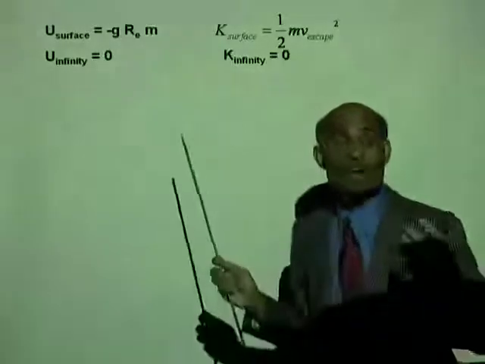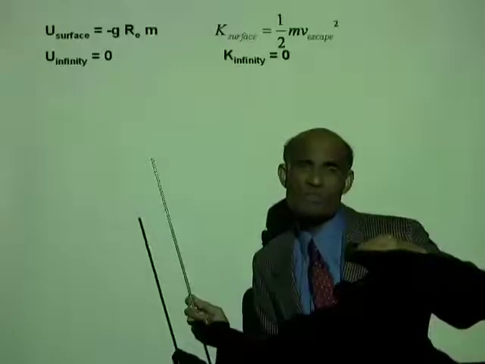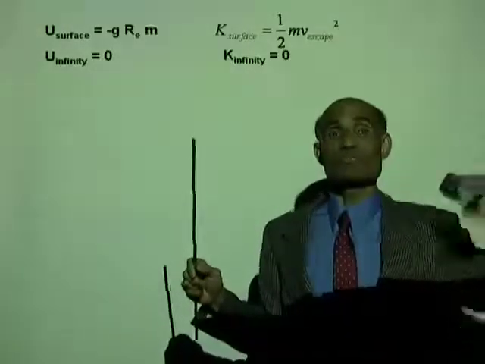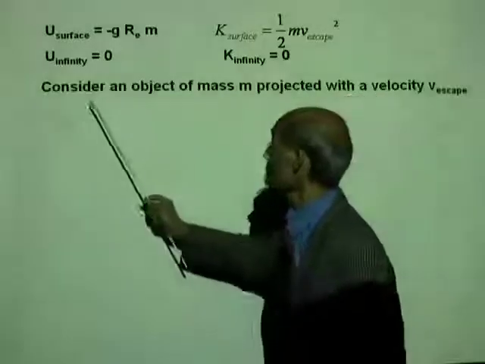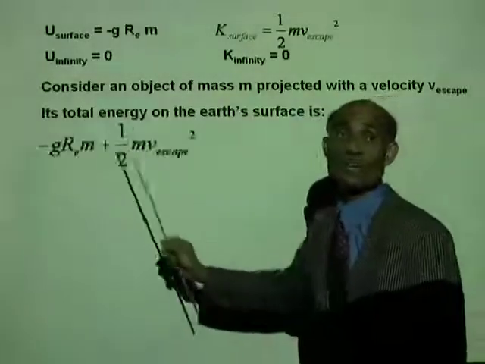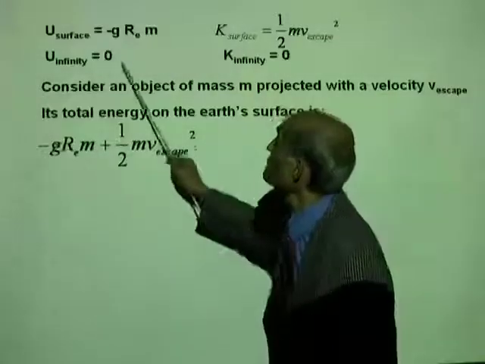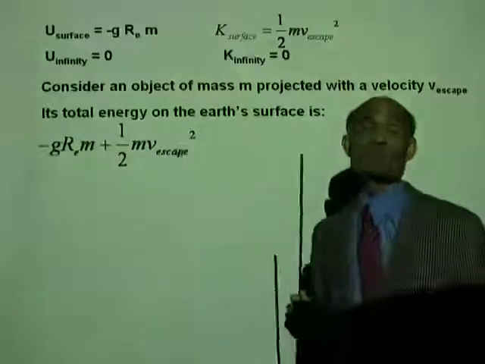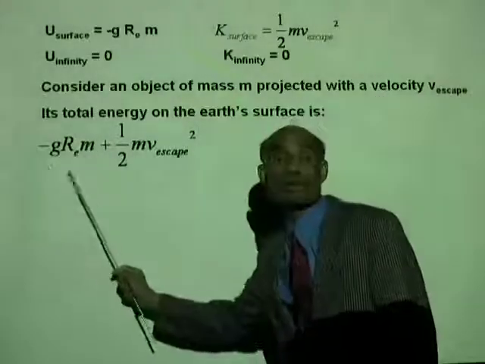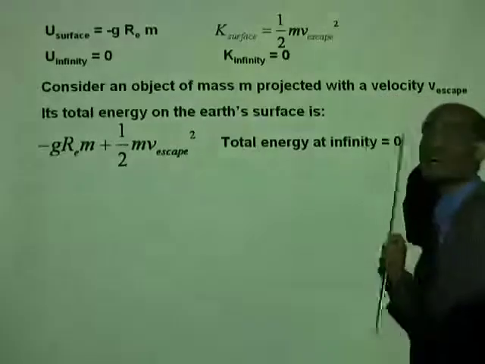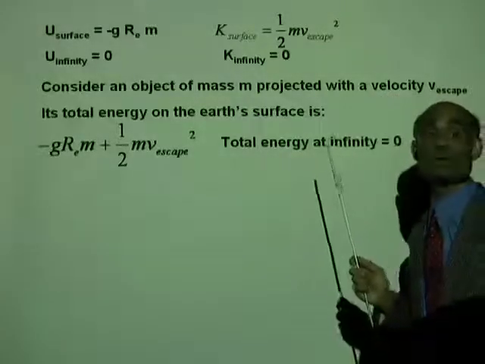Its kinetic energy also will be zero because the velocity is just enough for it to reach infinity. That means its total energy on the surface of the Earth will be -g R_E m + 1/2 m v_escape squared. This is the total energy on the surface of the Earth. And total energy at infinity is equal to zero.